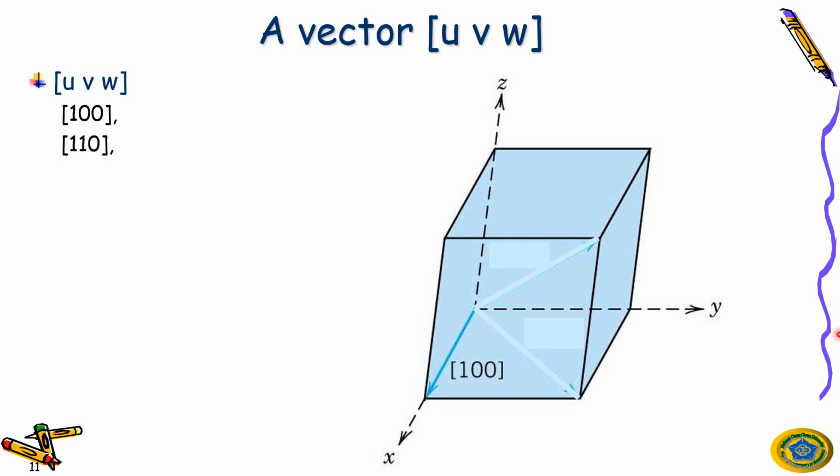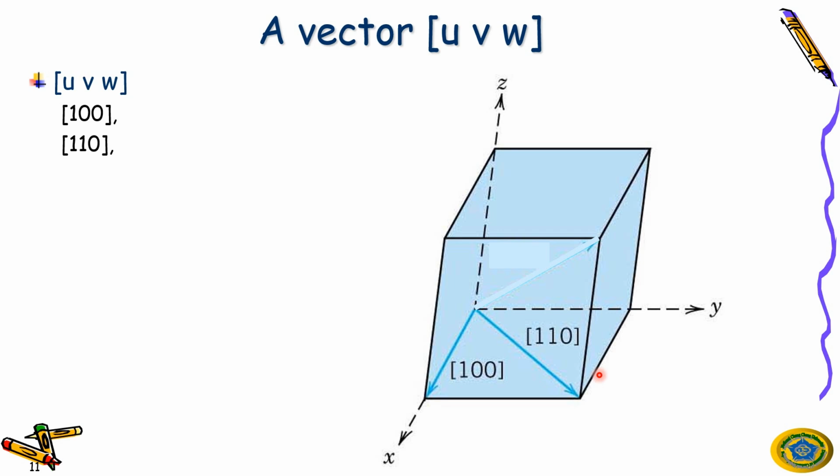How about [1 1 0]? The projection on the x-axis is 1 here, and y is 1 here, and z is 0. So this and this become this one, right?